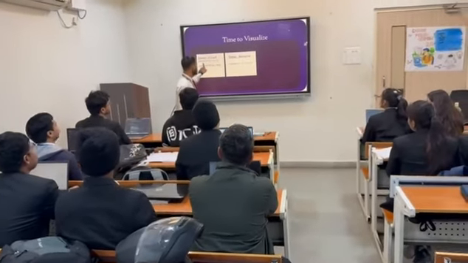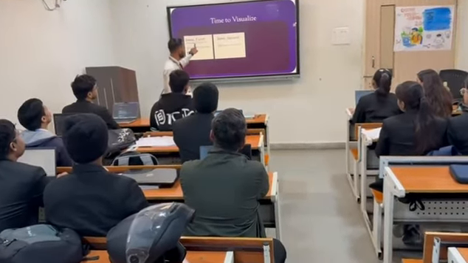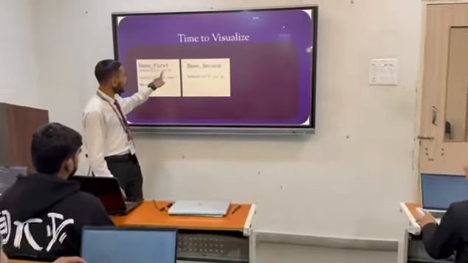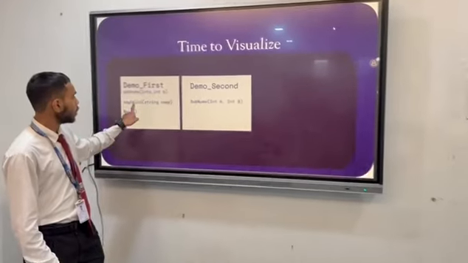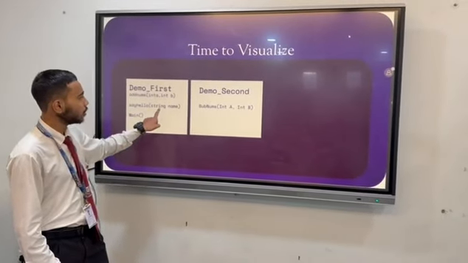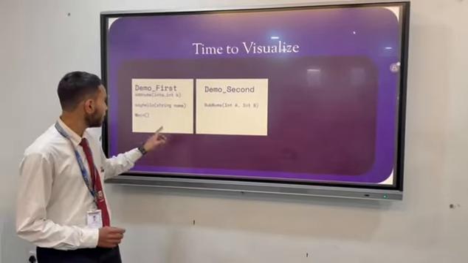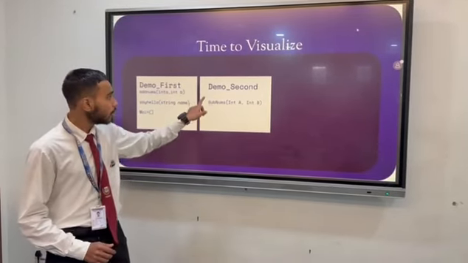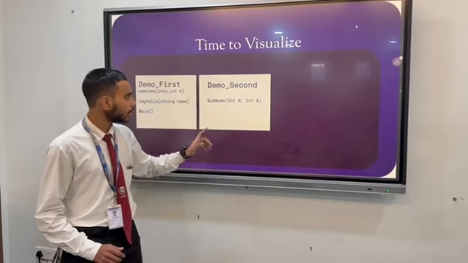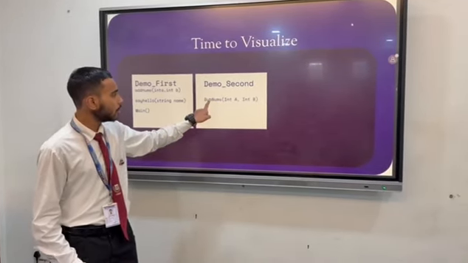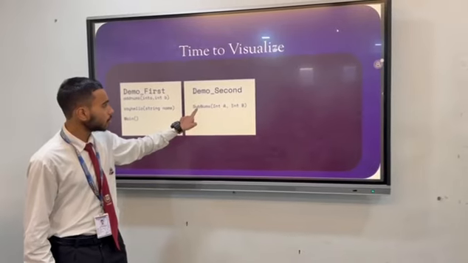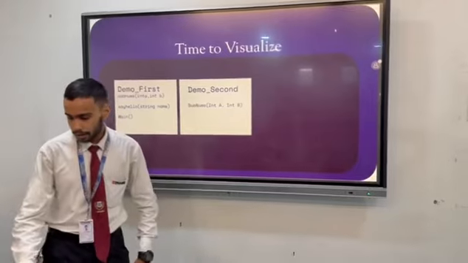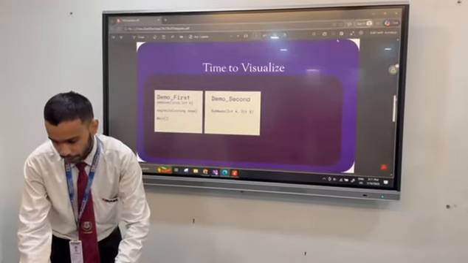Demo first has a function named add numbers with two parameters, a and b, and a say hello function that has the parameter string name, and it has the main function, meaning demo first is the runner class. Demo second is the second class, and it has a method subtract numbers that has two parameters, a and b. Let's see that with the help of an example.